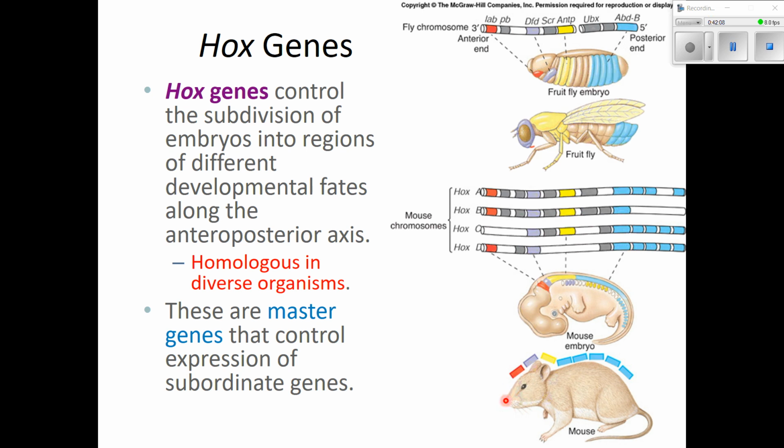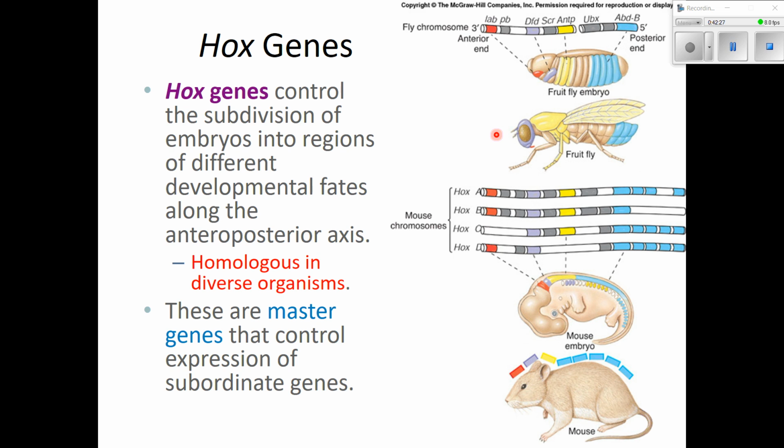Even though a mouse head and a mouse eye look totally different from a fruit fly head and a fruit fly eye, the gene that actually kickstarts the development of the head is the same in fruit flies, in mice, in birds, in humans.